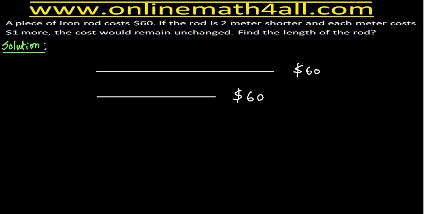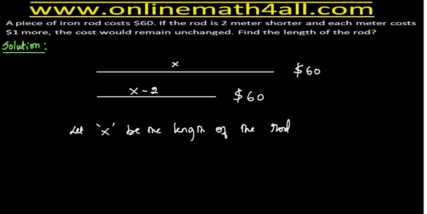Okay, now actually the target of the question is we just have to find the length of the original rod. I just assume the length of the original rod is x. Let x be the length of the rod. If the rod is 2 meters shorter, then its length will be x negative 2.